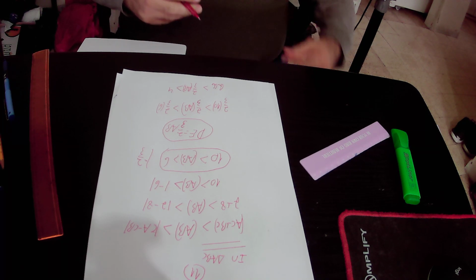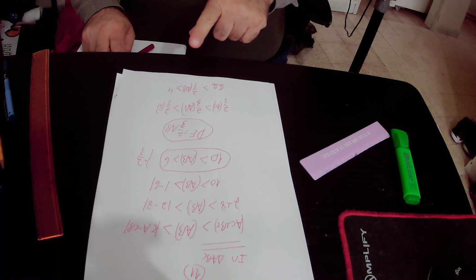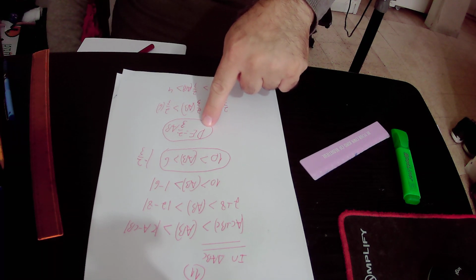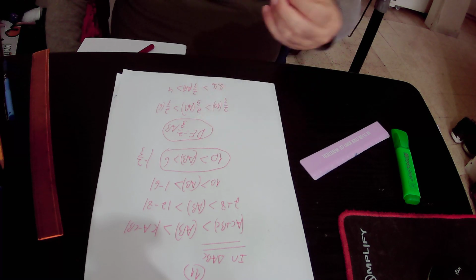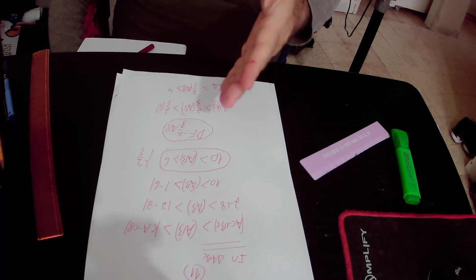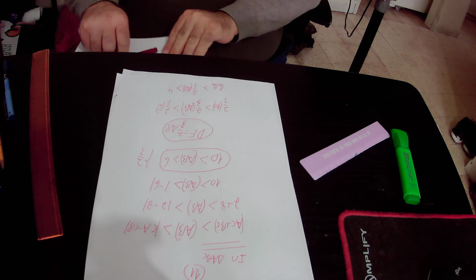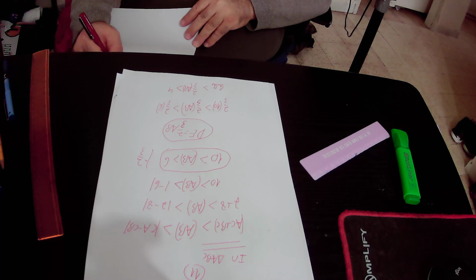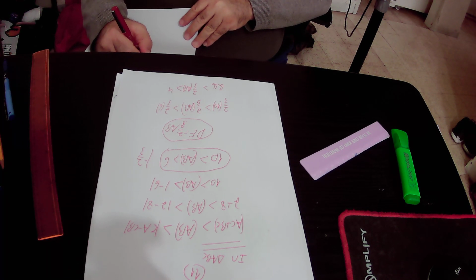But what is the value of 2/3 AB? The value of 2/3 AB equals DE according to this equality. So we can substitute 2/3 AB by DE, and we will get that DE is greater than 4 and smaller than 6.66.